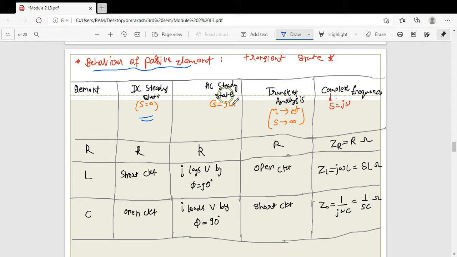Now, depending upon this condition, for L, I lags V by 90 degrees, and for C, I leads V by an angle of 90 degrees, right? So when you discuss AC steady state analysis, you are generally dealing with phasor calculation.